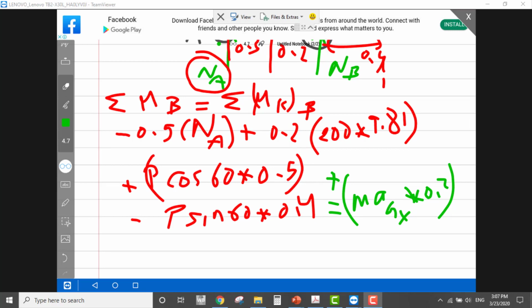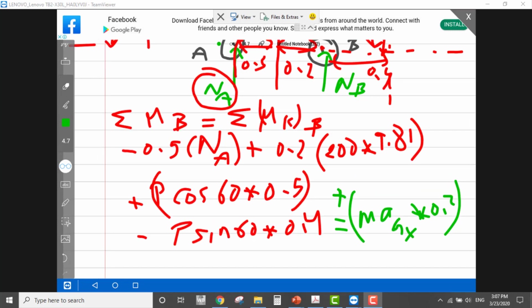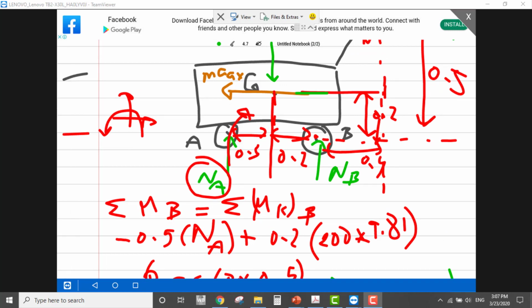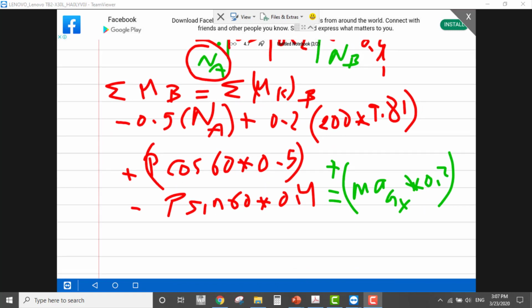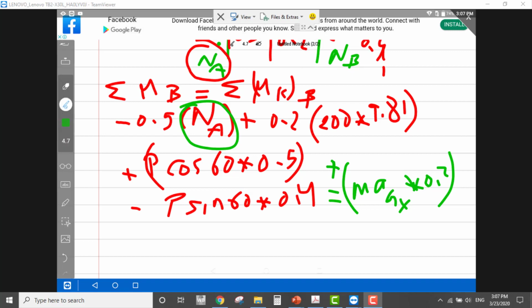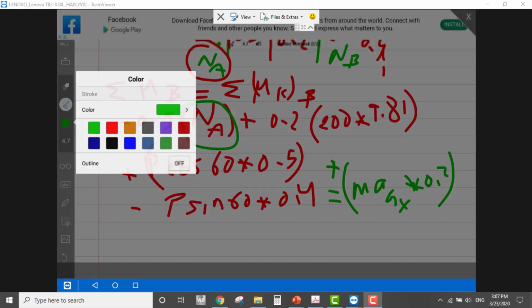You can go back here and you will find that the line of action is here, and this is the perpendicular distance, then this is counterclockwise. Now the only unknown in this equation is the normal reaction at A, because m a_Gx, this term we found in the previous part.